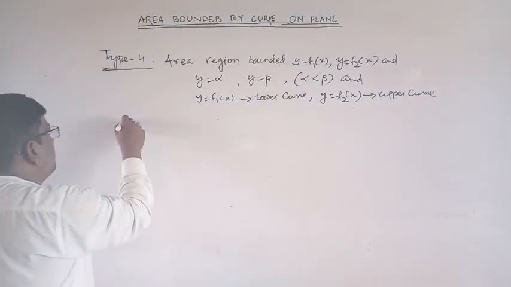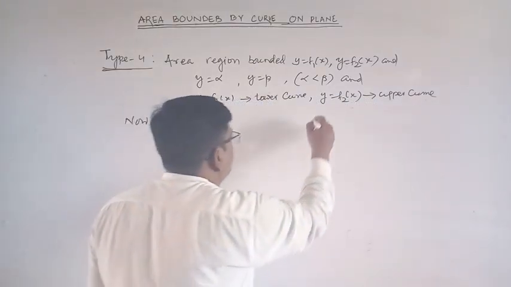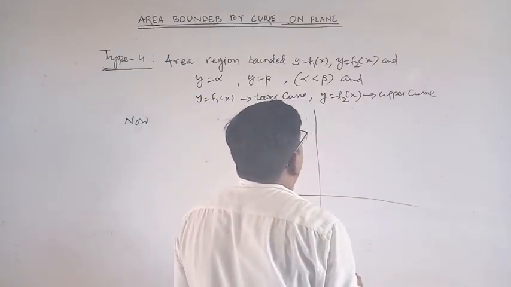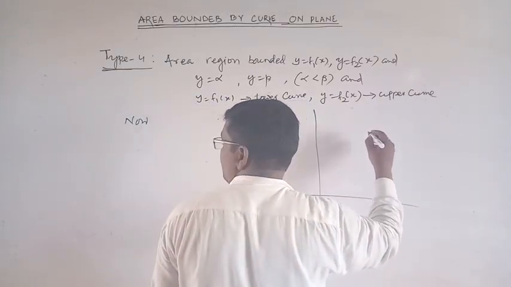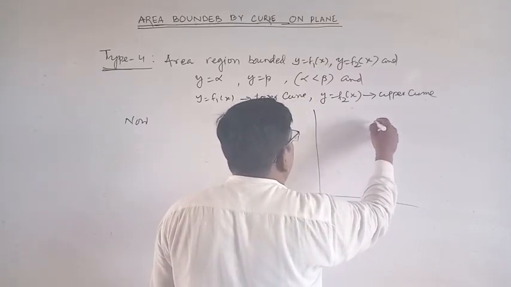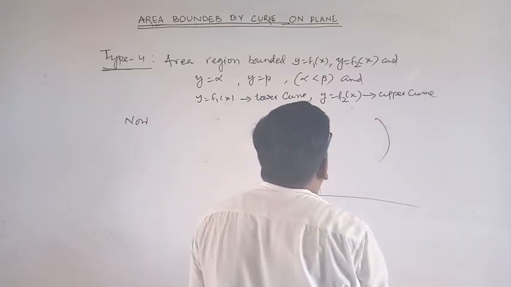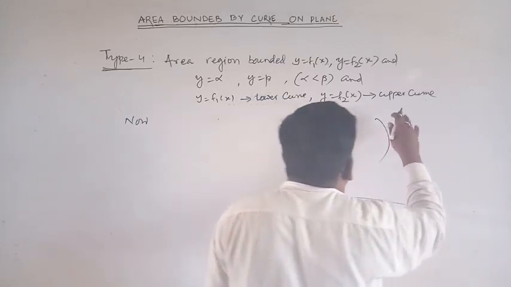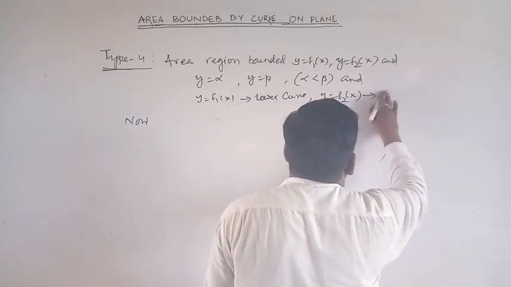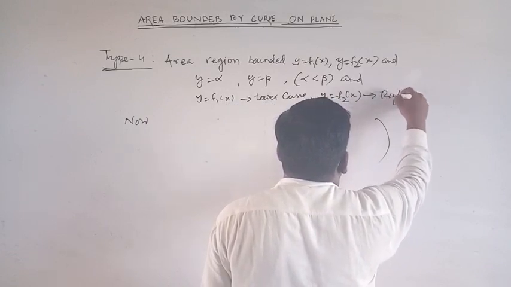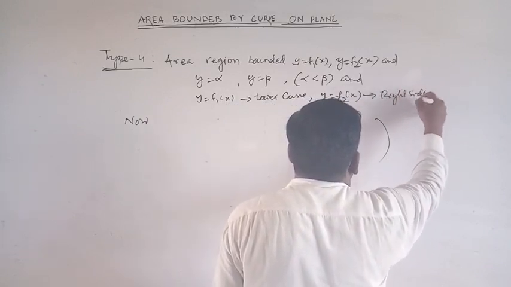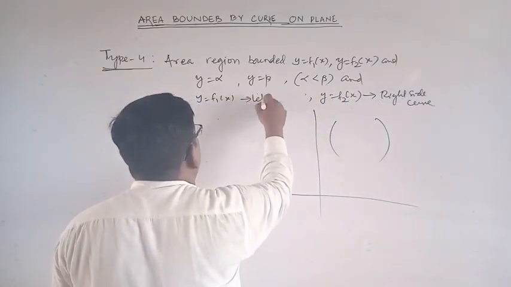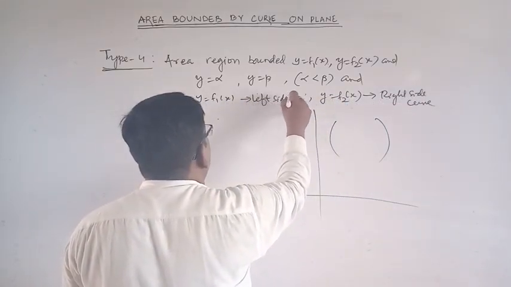Now the figure is like this. This is not upper, this is the right side curve, and this is the left side curve.